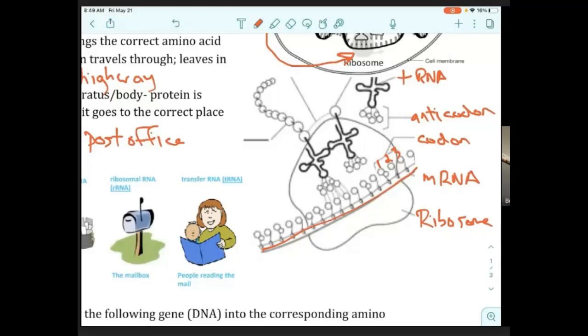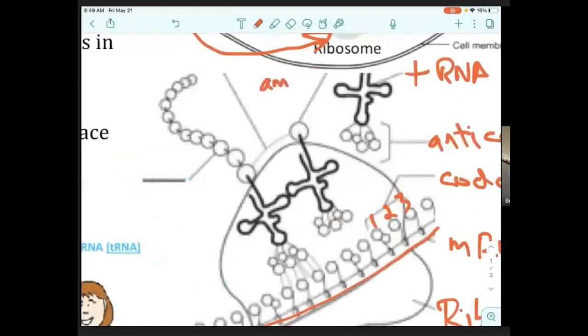Okay, continuing on here, here we have our amino acid that the tRNA brought. Here we see a bond forming between that amino acid and this guy. This is the, what's a polymer of amino acids called?